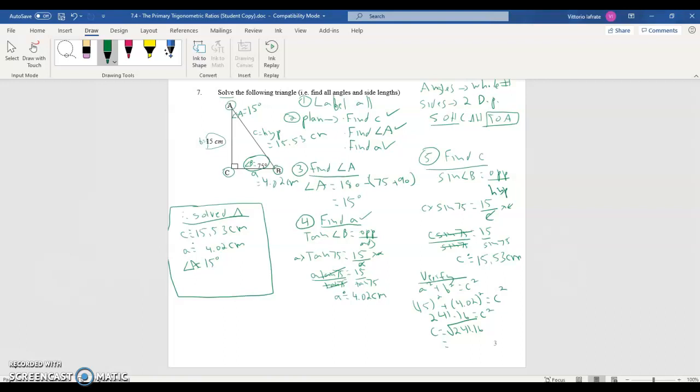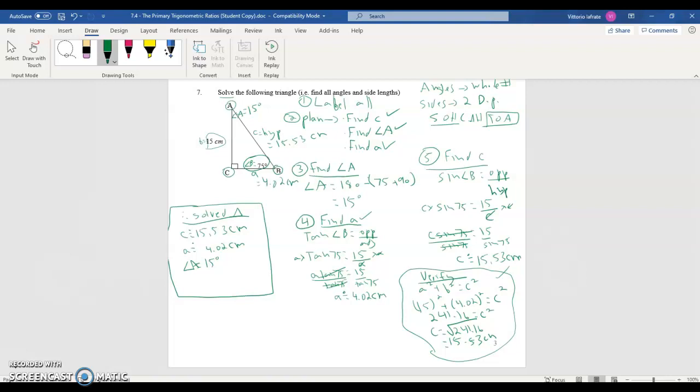So we get pretty close to what we have, to a certain number of decimal places, 15.53 centimeters. So it was a way to verify using our theorem to see if we were on the right path. So it's a great way to verify your work. There's many ways to solve a triangle, but since we're using trig ratios, let's focus on that when we can. It's like a puzzle. You just need to find more and more pieces, and the more pieces you find, the more parts you can find of that triangle.